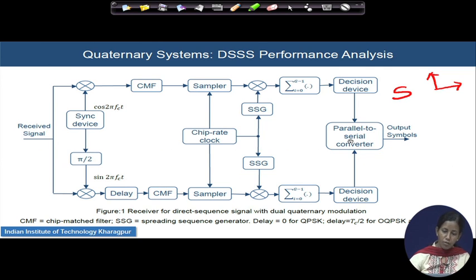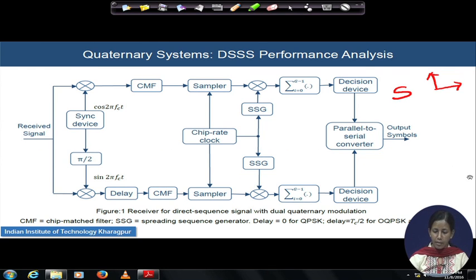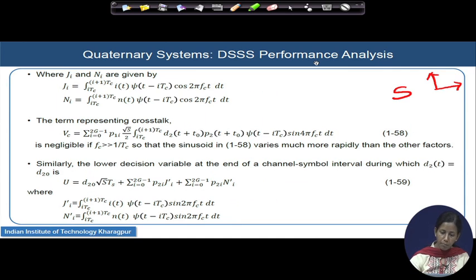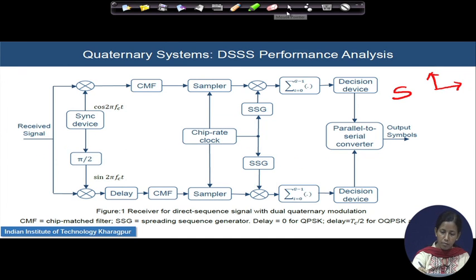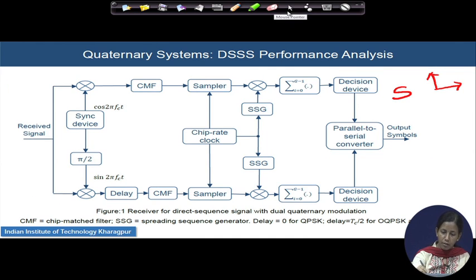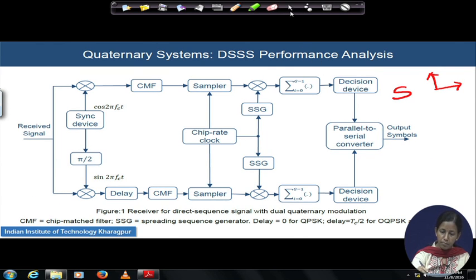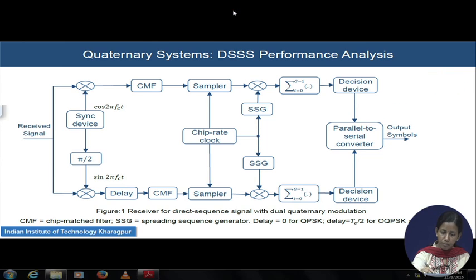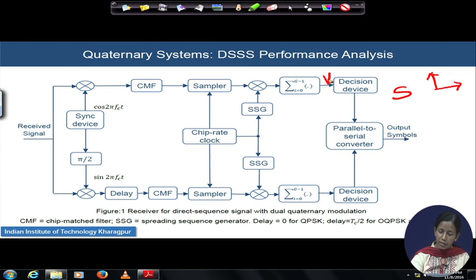By V, we are thinking that we are in the in phase part. V is considered here in the upper part, and U is considered here in the lower part.